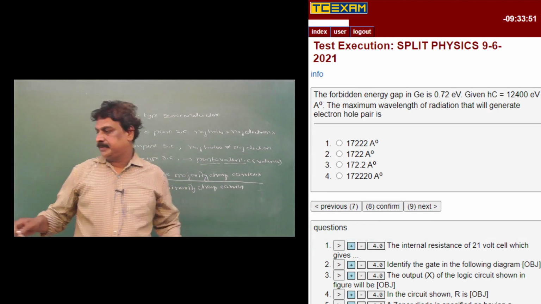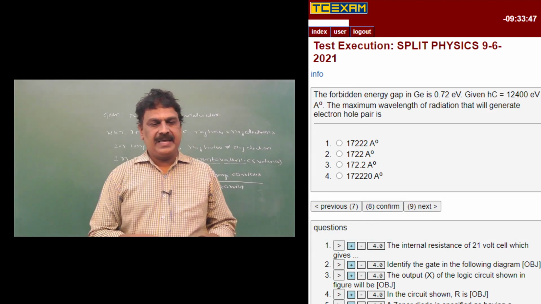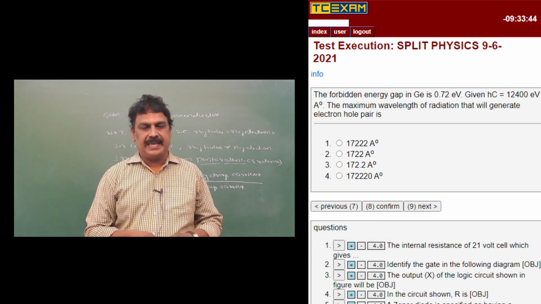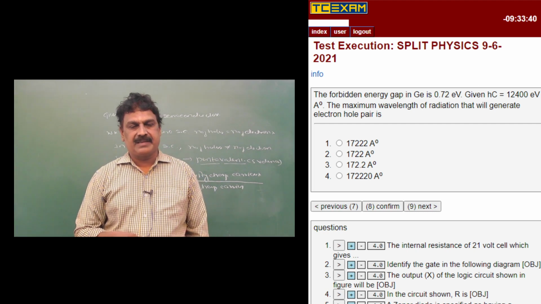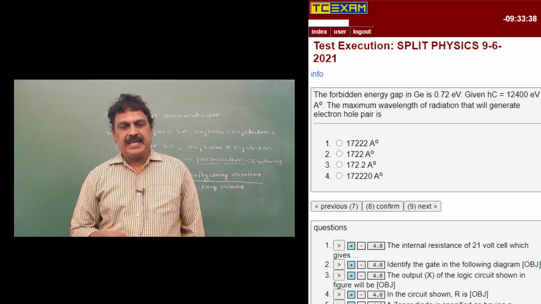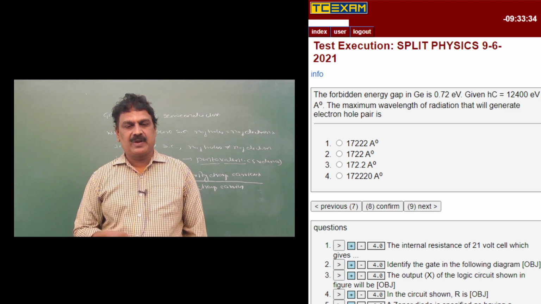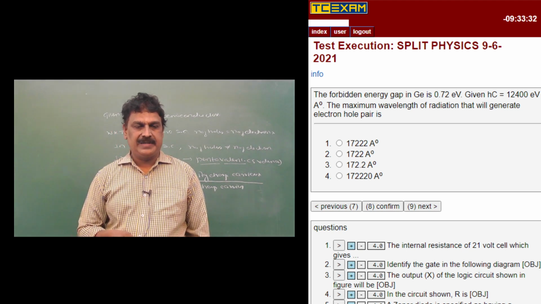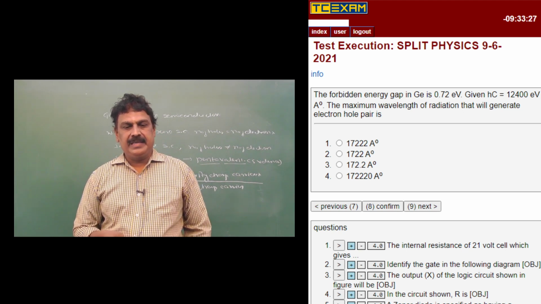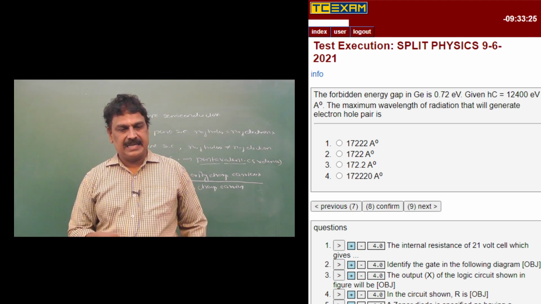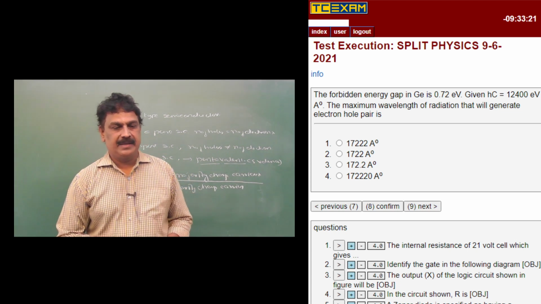Now, the next question: the forbidden energy gap in a germanium crystal is 0.72 eV, given hc is equal to 12,400 eV angstrom unit. The maximum wavelength of radiation that will generate an electron hole pair is?